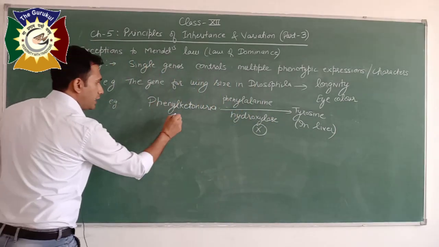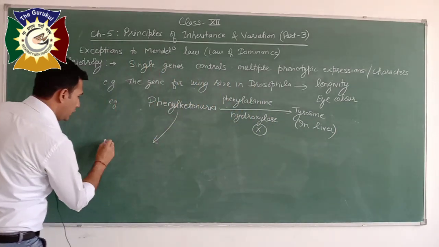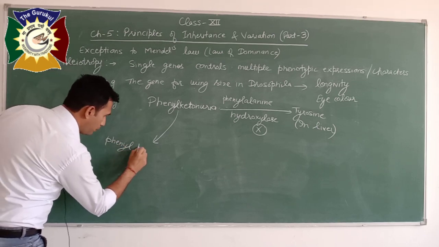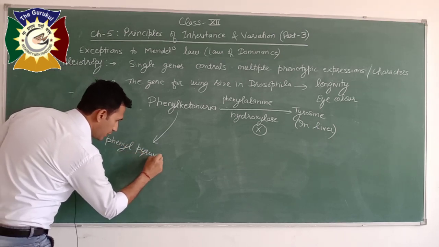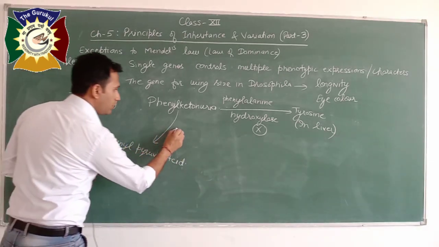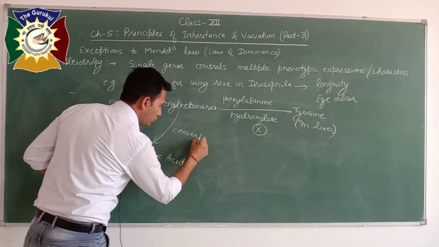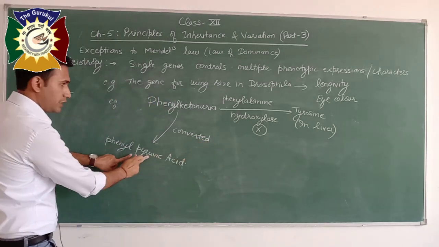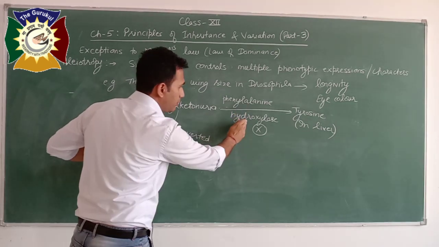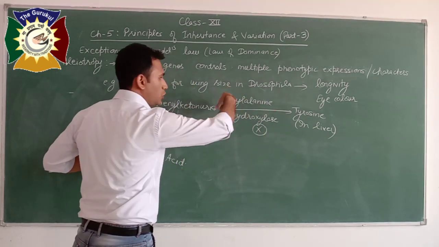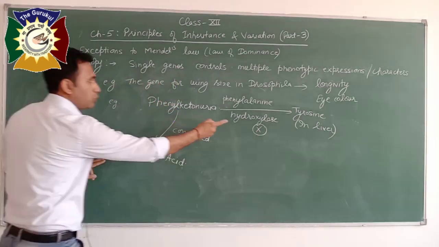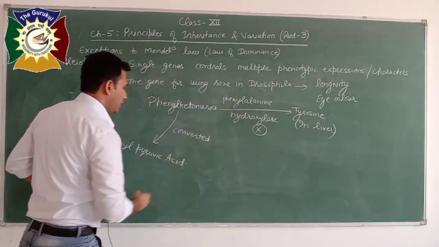Now this will be converted into phenyl pyruvic acid, because of the absence of this enzyme, and this enzyme is absent because of mutation in the gene which is responsible for formation of this enzyme.